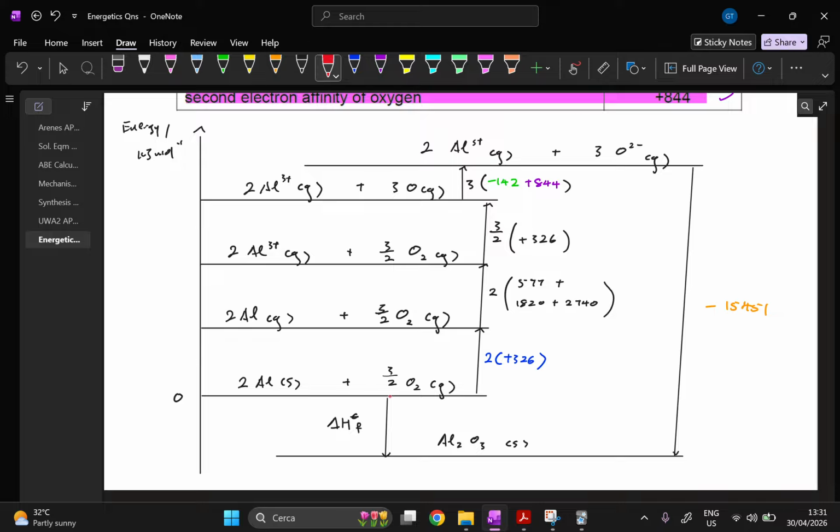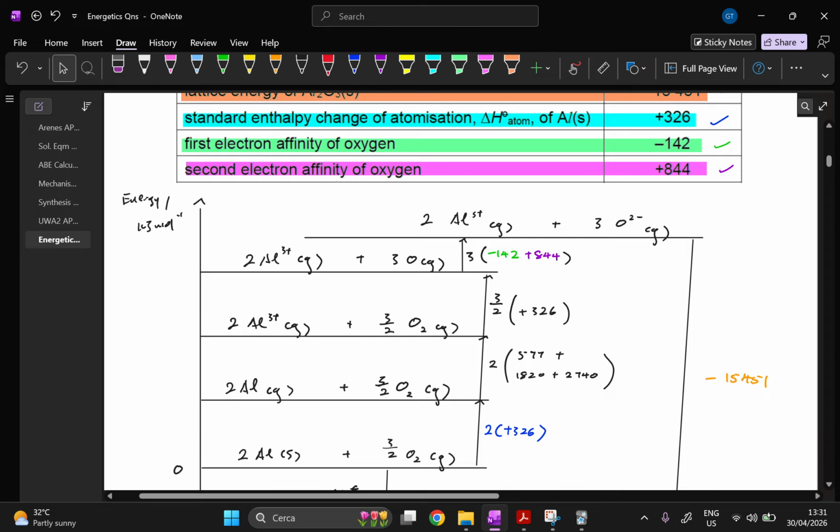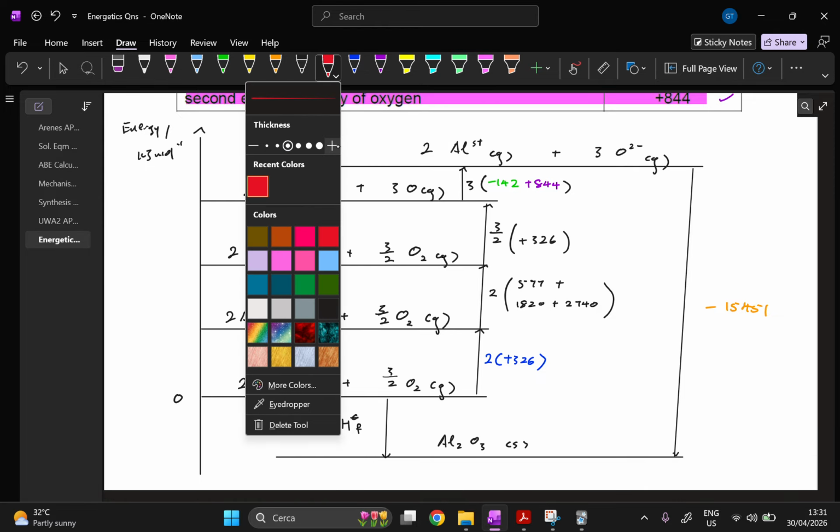It's just by Hess's law, the enthalpy change is the same whether I go like that. You try to follow my red cursor, okay? My enthalpy change is the same whether I try to go like that or whether I try to go one whole way round like that. Okay, you can see my cursor. Good. So actually I think I'll make my pen a bit thicker so that you can see.